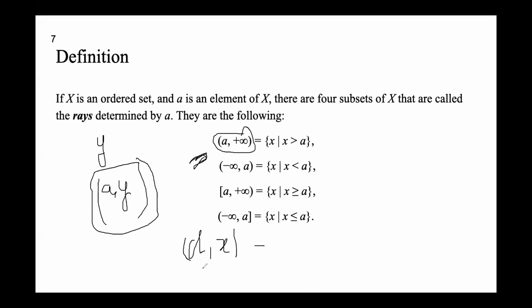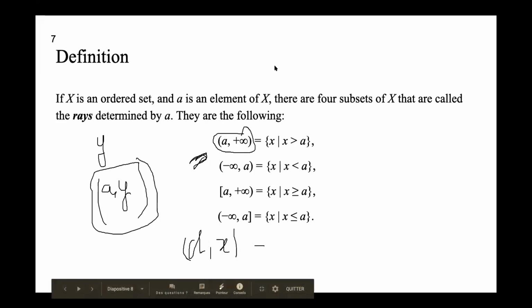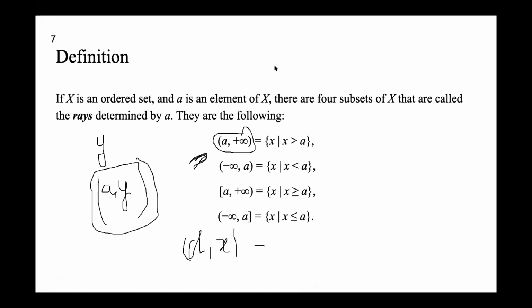I think you already get it, because for any Y that is bigger than A, you got some bigger element X, or some bigger element Z, so that (A, Y) is a subset of (A, Z). So Y is actually in (A, ∞), and it's also in the union of all these (A, X). Which means (A, ∞) is a subset of the union.